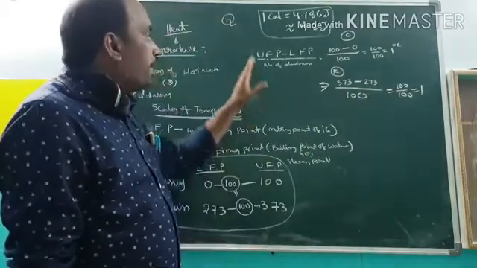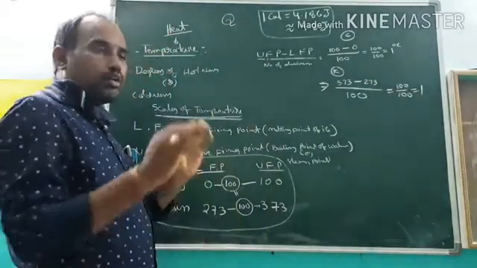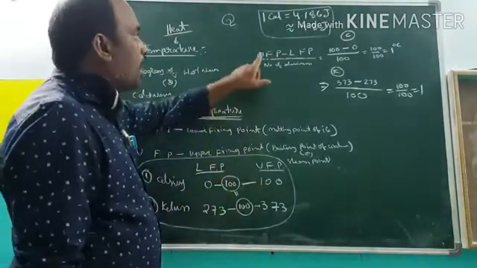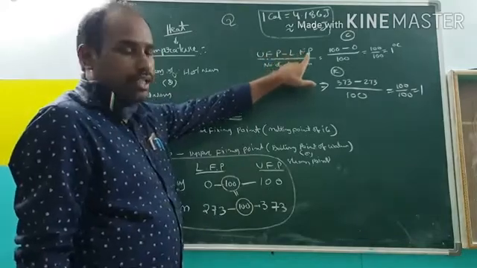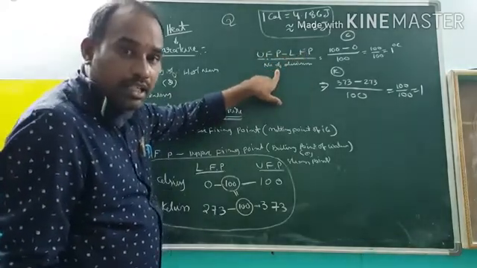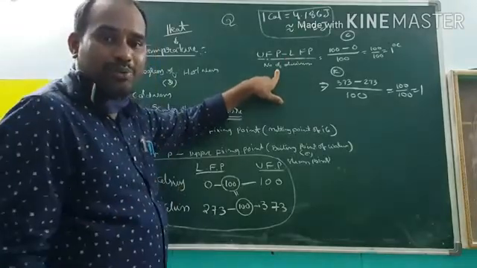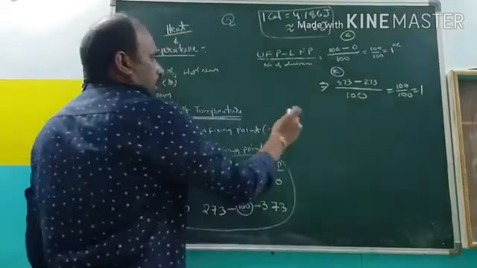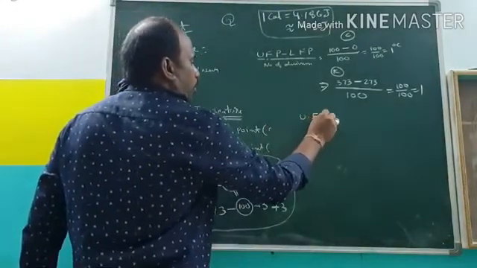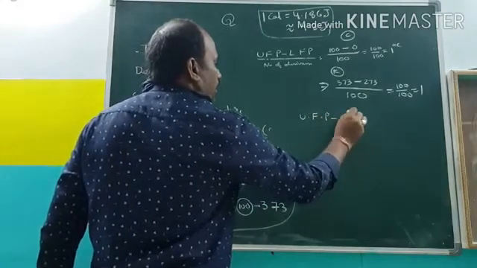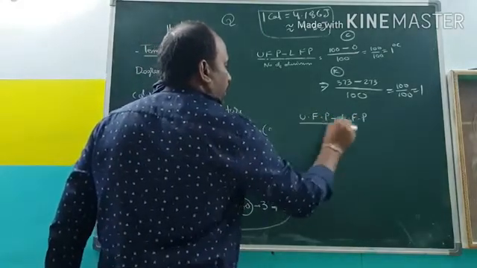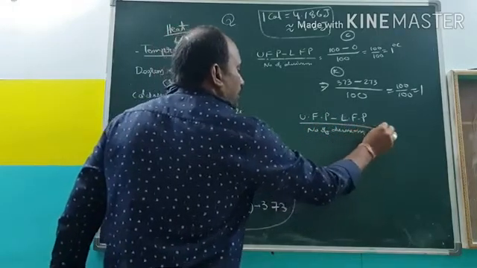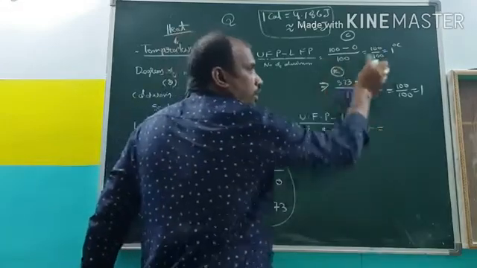Based on this, we use one formula for scales of temperature. Upper fixing point minus lower fixing point by the number of divisions gives one constant value. Here also 1, here also 1.